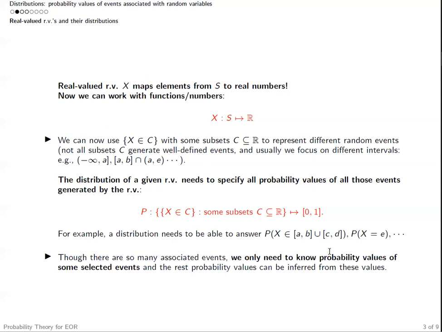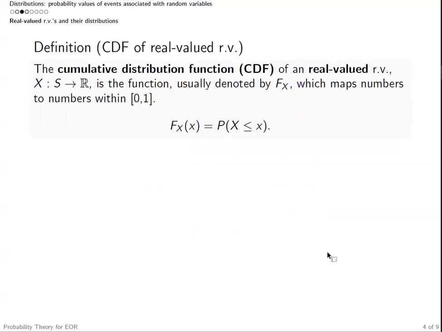Luckily, we only need to know probability values of some selected events, and the rest of the probability values can be easily inferred from these values. For example, for a real-valued random variable, we only need to know the CDF function to know the distribution of this real-valued random variable. The CDF function is the cumulative distribution function.